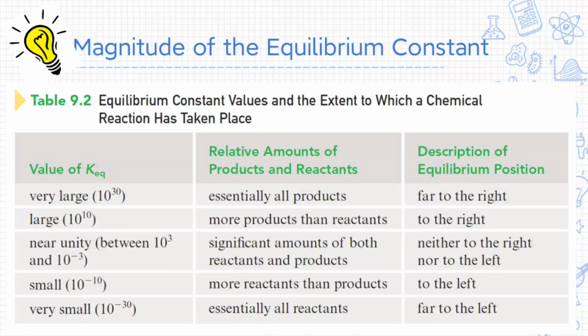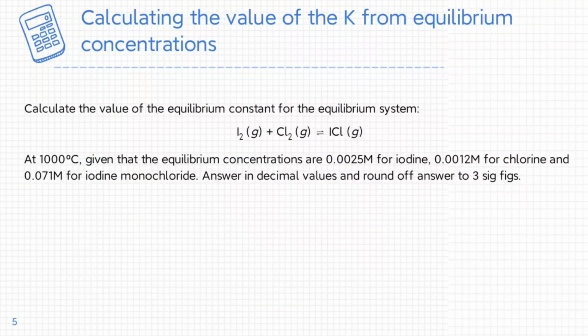Whereas naman kapag your computed value is very, very small, 0.000, sobrang daming zeros, it is far to the left. And again, you don't need to memorize this table. This is just to give you an idea.